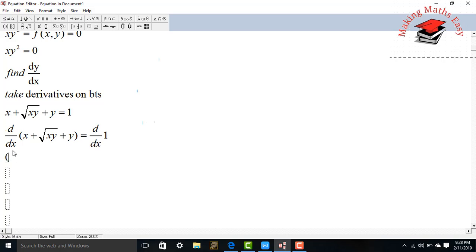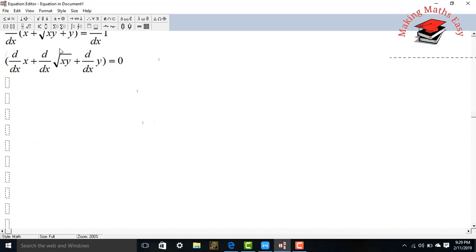Now we have to take the derivative of these functions, so express this function individually. First take the derivative of x, then the derivative of square root of xy, then the derivative of y, and finally the derivative of 1 is 0.